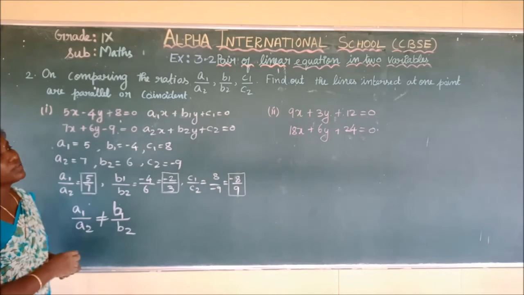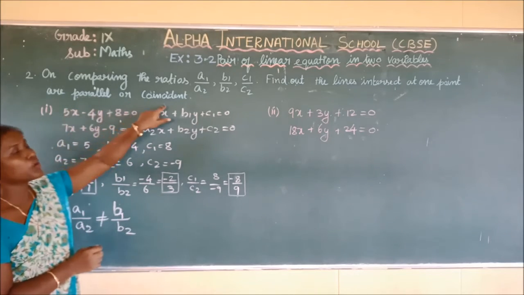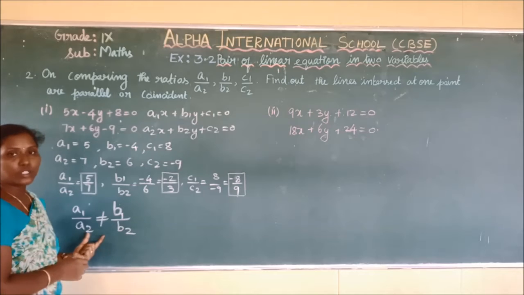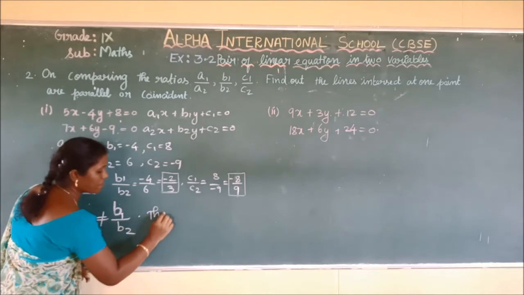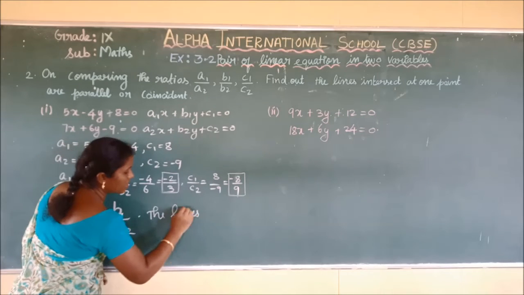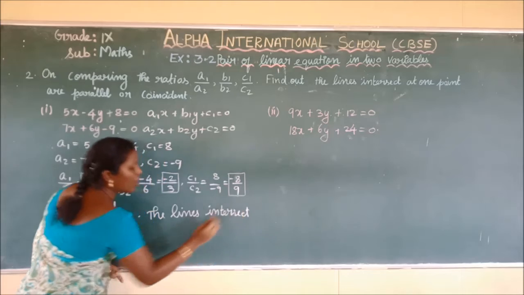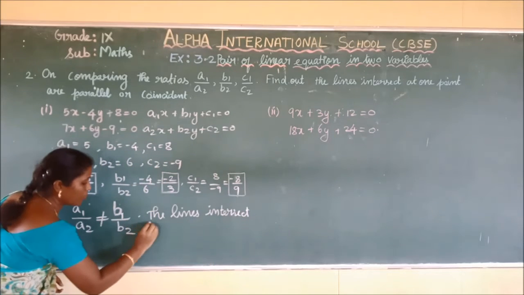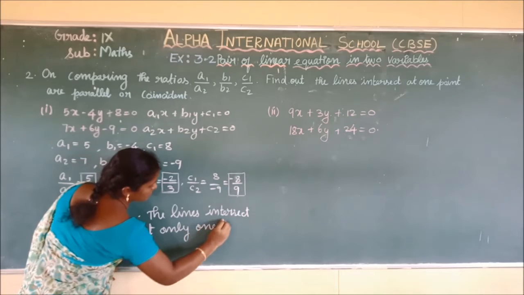Then which category does it come under: exactly one point, parallel or coincident? If A1 by A2 is not equal to B1 by B2, the lines intersect at only one point.